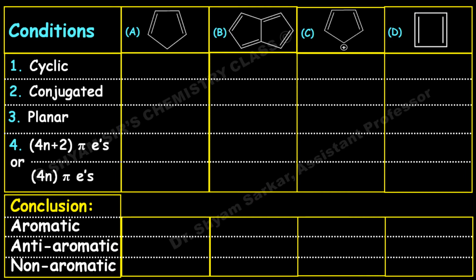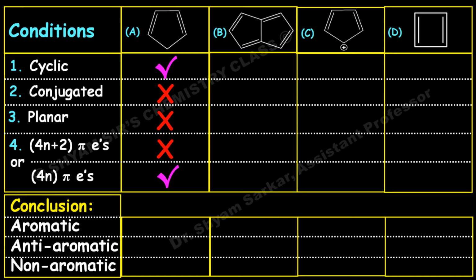So let's go with the first option. This is a cyclic compound. It is not conjugated because one sp3 carbon atom is there. It is not planar. It follows the 4n pi electron rule where n equals 1, but it is not satisfying the other conditions for aromaticity.